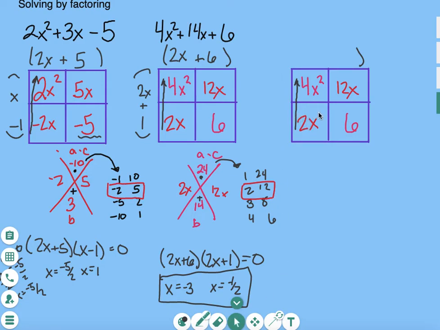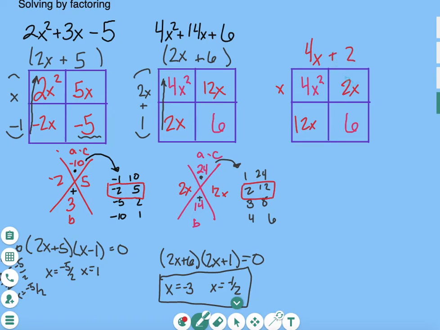So maybe, instead of having the 2x and the 12x in the spaces that you did, you had them the other way around, so you had 12x and 2x. Then when you went to factor, you ended up with a 4x here instead, because that's actually the greatest common factor of the 12 and the 4.